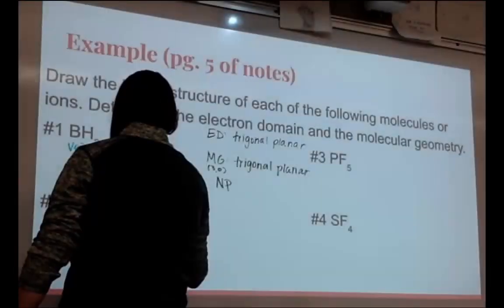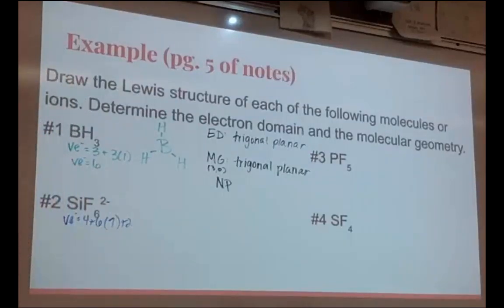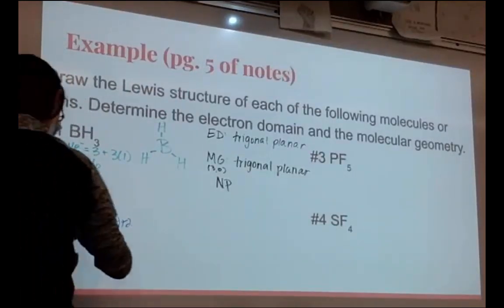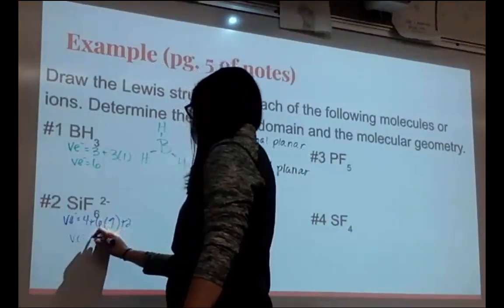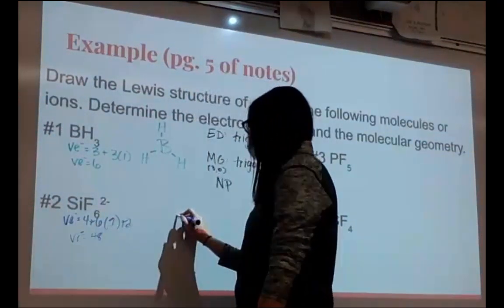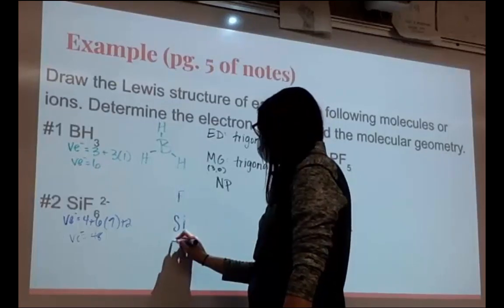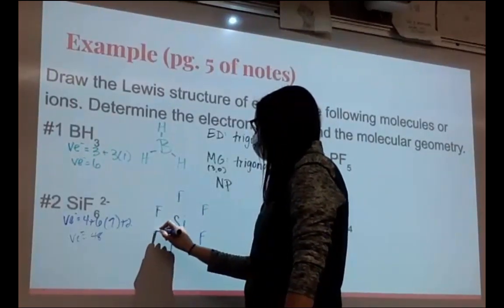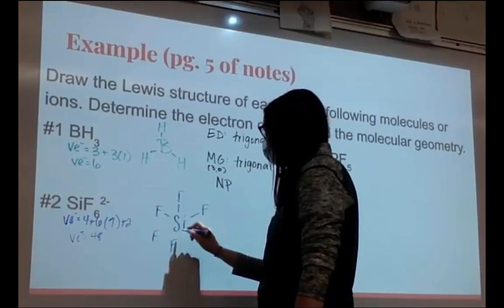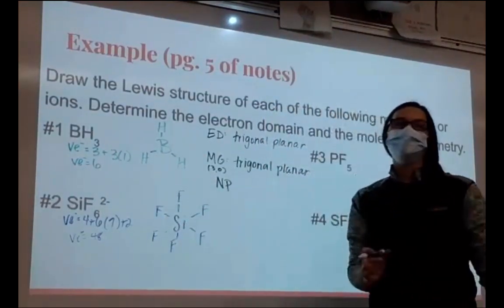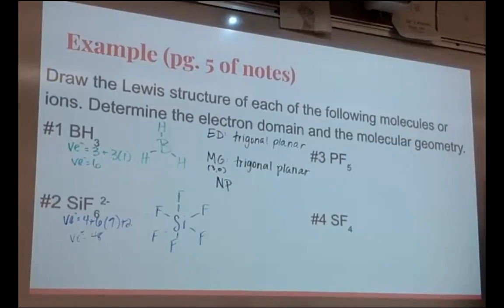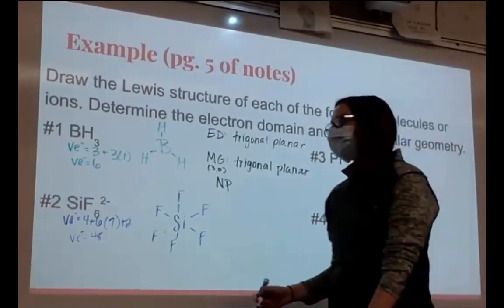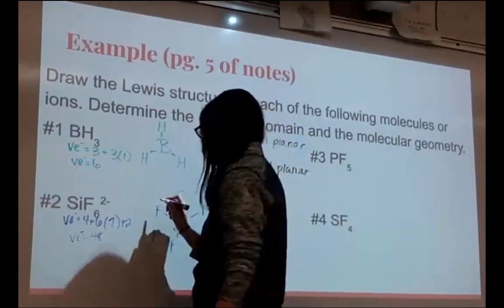The valence electrons, this is too much math: 42, 46, 48. All right, so we have Si in the middle and 6 fluorines. Here's the biggest thing when you're drawing Lewis structures, especially on tests when you are pressed for time: don't forget lone pairs.